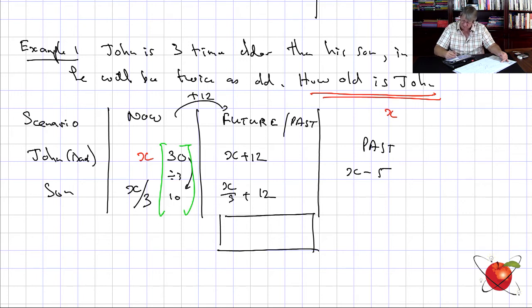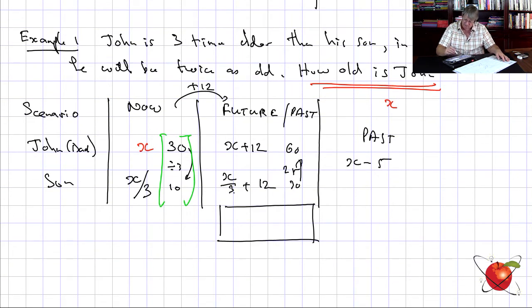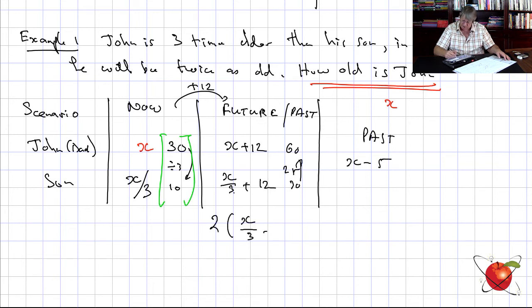Well, if the dad was 60, the son would be 30, because the dad is twice as old. So I took this age, x over 3 plus 12, and I multiplied it by 2. We took the age and multiplied it by 2. Have a look what I've done again. It's therefore 2 times (x over 3 plus 12) must be equal to x plus 12.